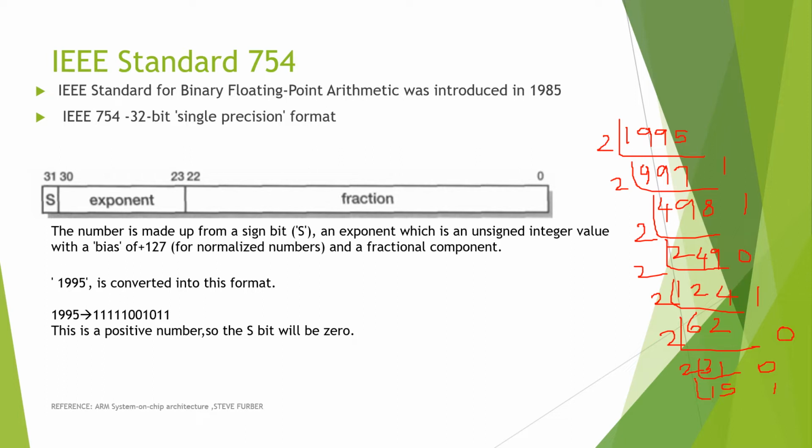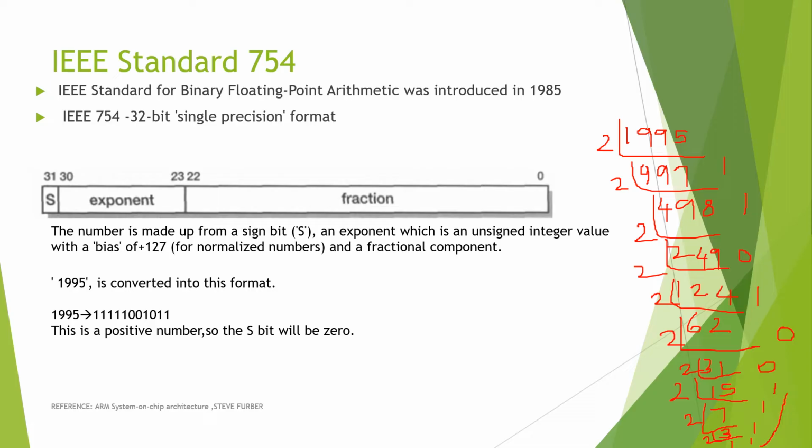Dividing by 2 again you get the remainder 1, and again the remainder 1, and dividing again you get 1 1.